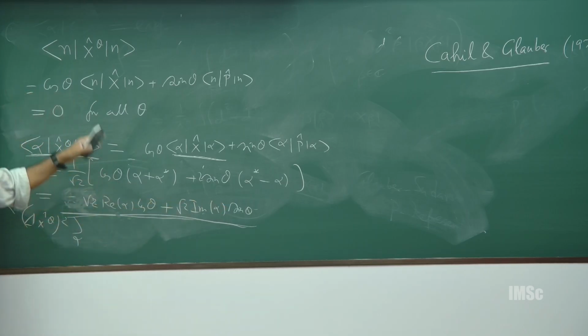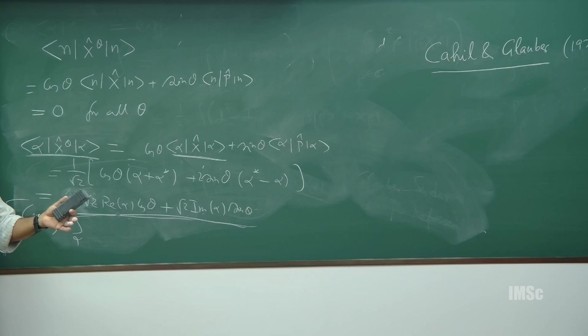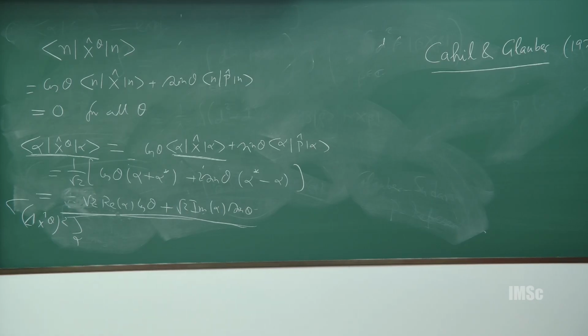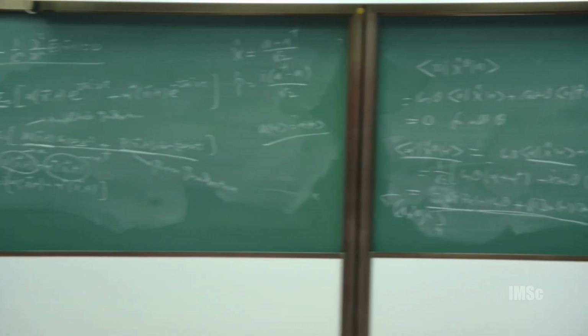One can go one step further and look at the variances also, which match. The basic point is that in whatever direction you take your quadrature variable, the number state is inert to that, whereas the coherent state actually matches with that.